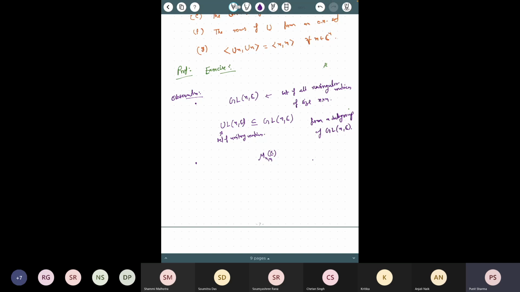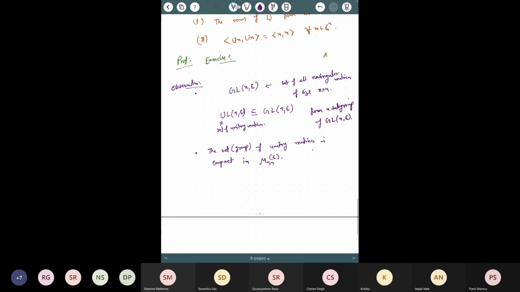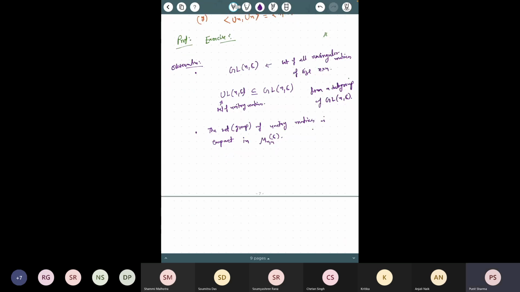It is a closed and bounded set in this space of all matrices. So it is closed and bounded, and therefore you can say that the group of unitary matrices is compact in this space. Why is this compact? Because it is closed and bounded.